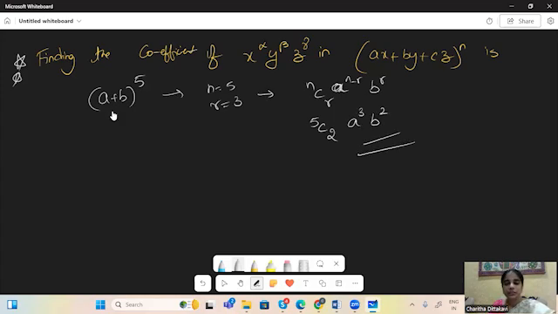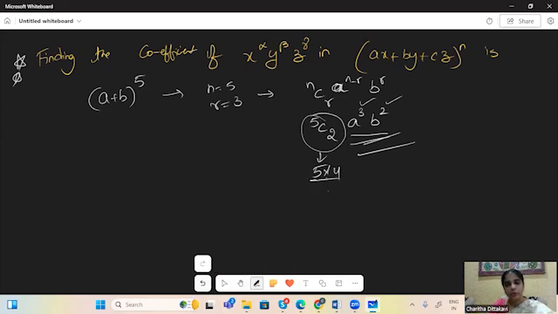Now if I know this, I am going to write it like a to the power 3 and b to the power 2. And the coefficient is nothing but 5C2, and that value, you can go with 5 factorial, or else you just reduce your 5 into 4 by 2 into 1. So this is the coefficient, right?